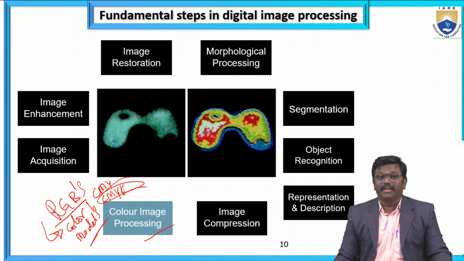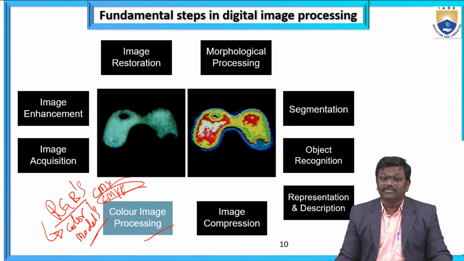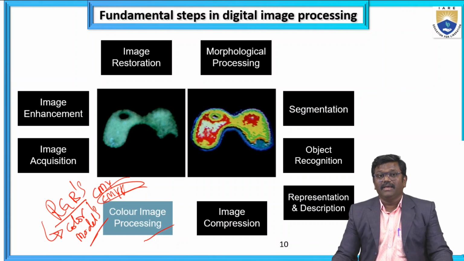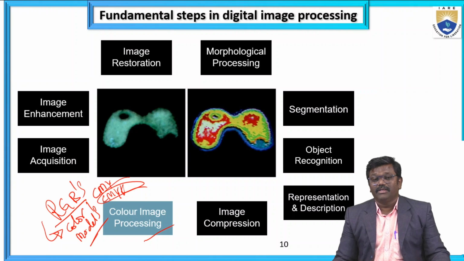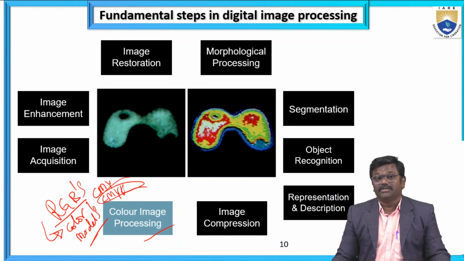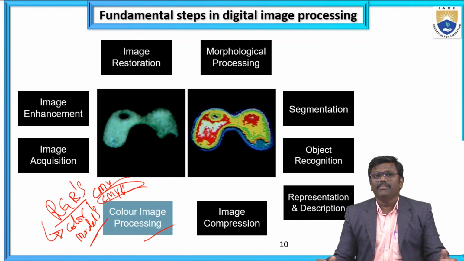So today everywhere, the digital technology is running as a very cheap way to analyze the complete content in terms of color image processing. So what do you mean to understand here?